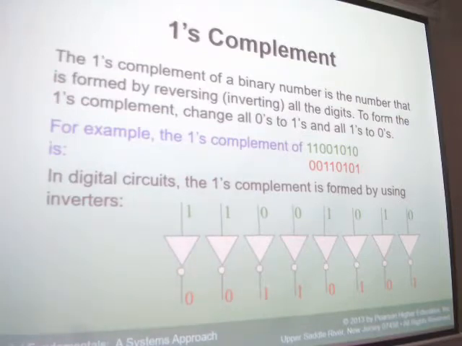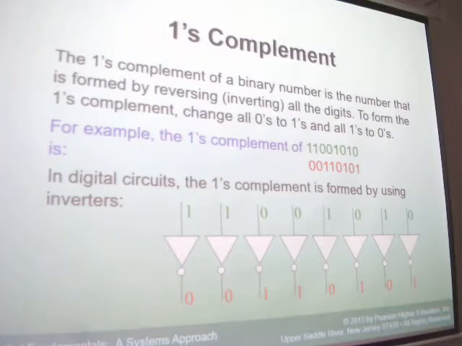So the one's complement of this number is also 0 0 1 0 0 0 1 0, because it is a positive number.